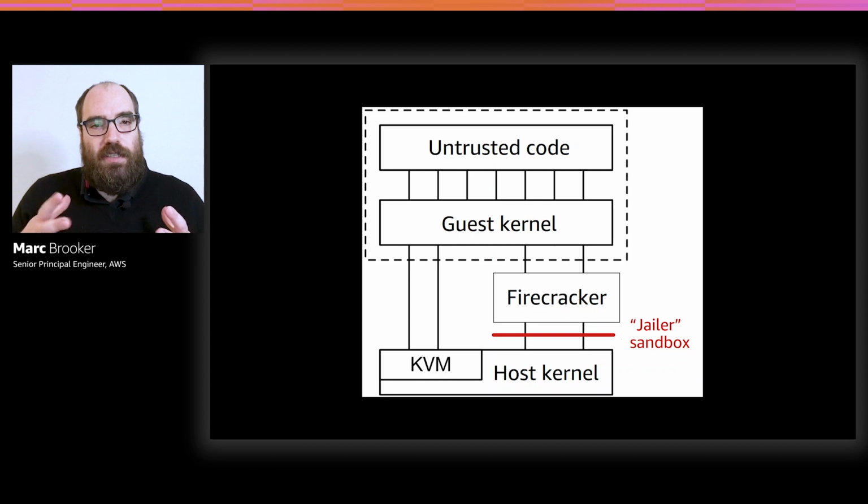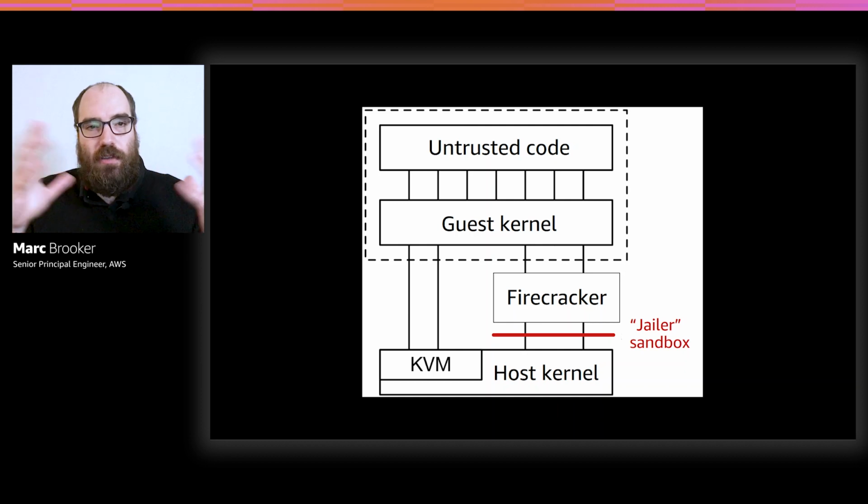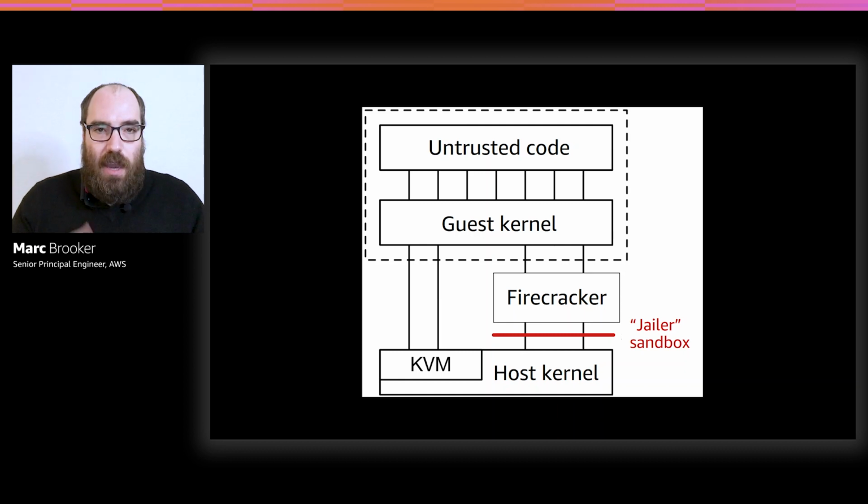This very restricted sandbox even further limits what a Firecracker process can do. It cuts it off from parts of the disk, it cuts it off from almost all of the surface area of the host kernel, and limits its privileges greatly on the host.